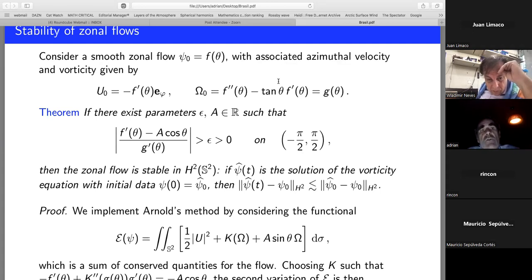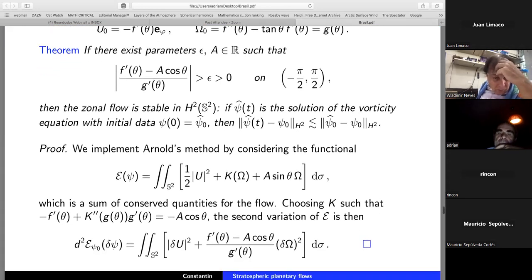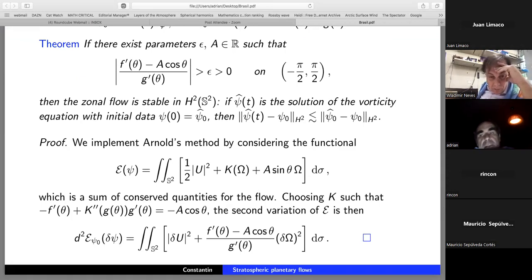The zonal solutions have this type of velocity. It just depends on theta. And here omega 0 is the vorticity, with the divergence taken in spherical coordinates. There is a nice trick due to Arnold to prove stability, or to try to prove stability.